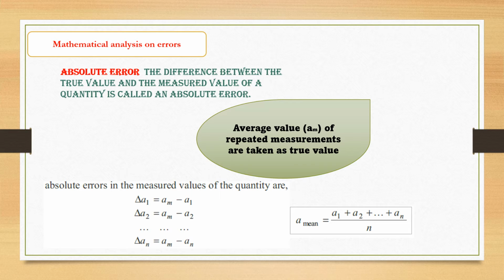The second absolute error equals the mean value or true value minus the second reading, and so on. The nth absolute error equals the true value minus the nth reading.